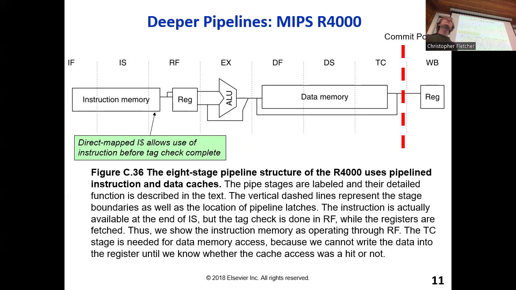So in this design, like any other cached architecture, when you look up instruction memory, so you're looking up a cache, you've got to grab the data from the data arrays, you've got to grab the tags from the tag arrays. This design didn't resolve the tag until after the data access.